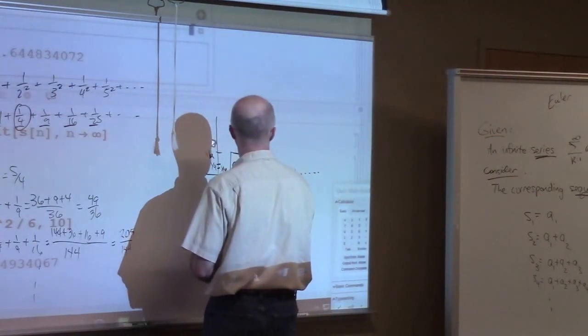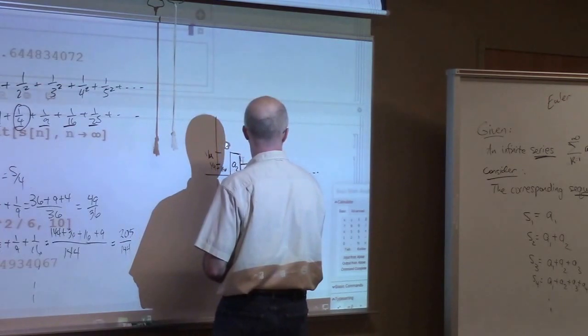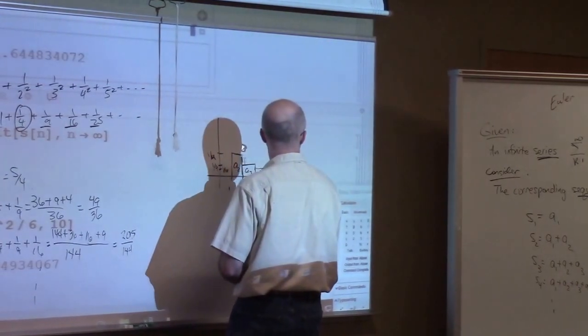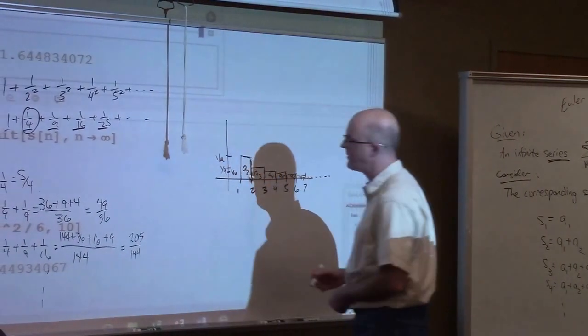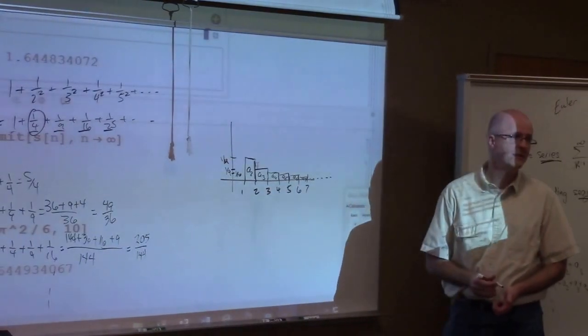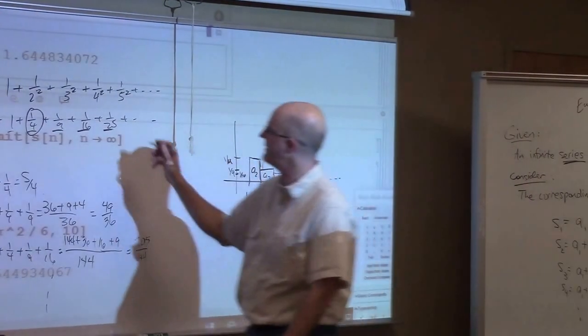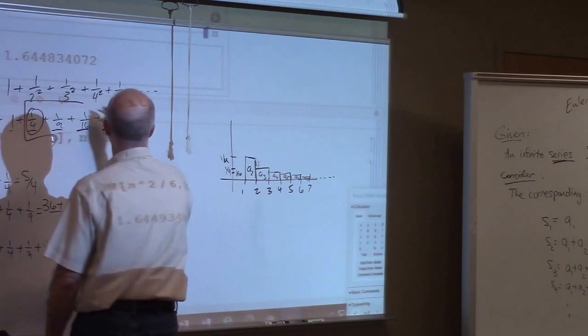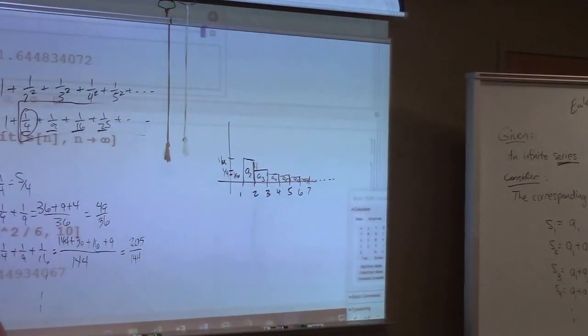The areas are A2, A3, A4, A5, A6. Those rectangles go on forever. Their sum, if you could add up all those areas, would evidently equal the sum there starting at 1/4.